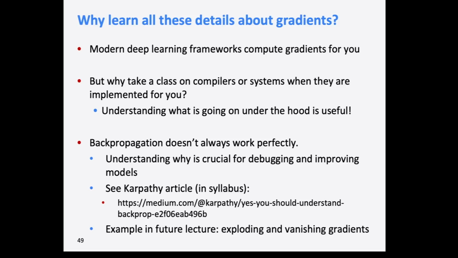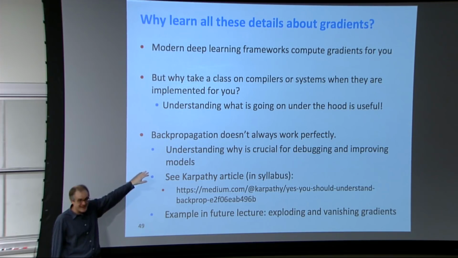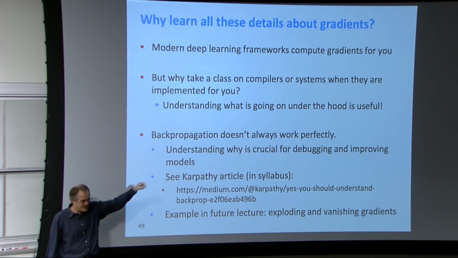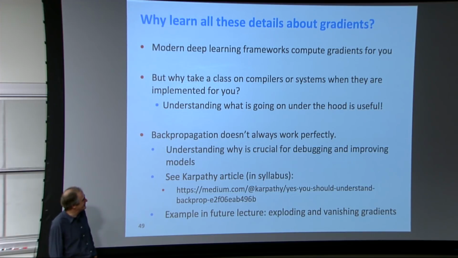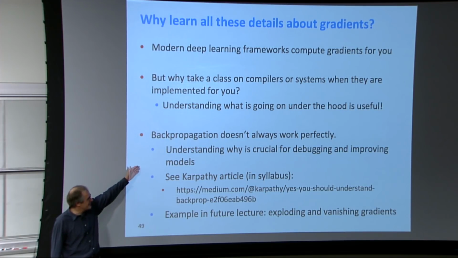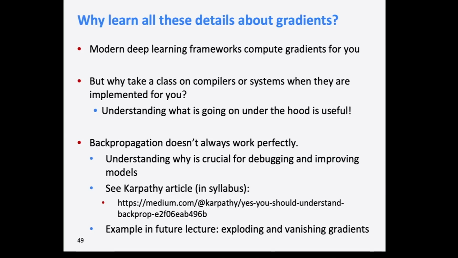But there is more to it than that. Even though backpropagation is great, once you're building complex models, backpropagation doesn't always work as you would expect it to. Perfectly is maybe the wrong word, because mathematically it's perfect, but it might not be achieving what you want it to. If you want to debug and improve models, it's crucial to understand what's going on. There's a nice Medium piece by Andrej Karpathy, Yes, You Should Understand Backprop, that's on the syllabus page that talks about this.